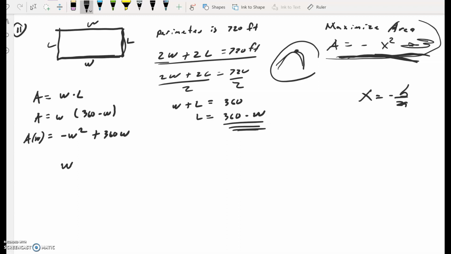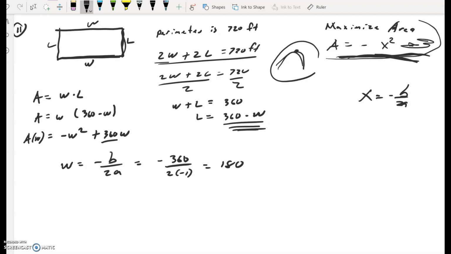So now I'm going to have w equals the opposite of whatever b is divided by 2 times a. b is 360, so it'll be negative 360 divided by 2 times a, which is 2 times negative 1. So that's 180.